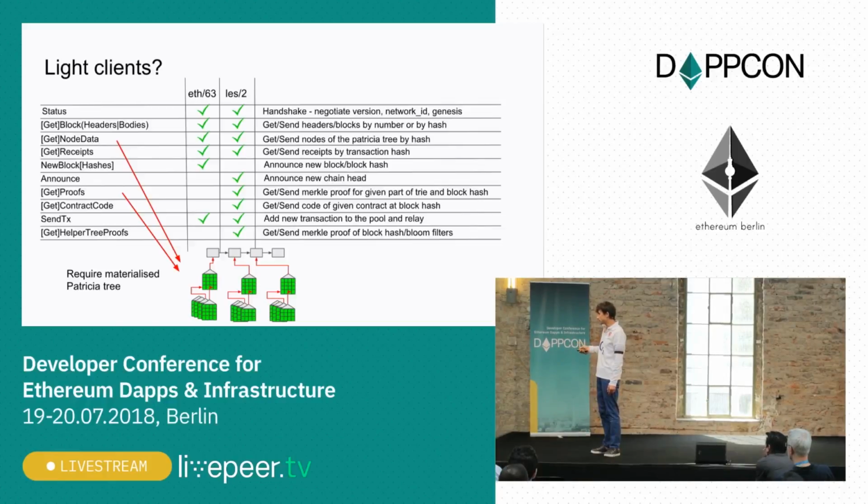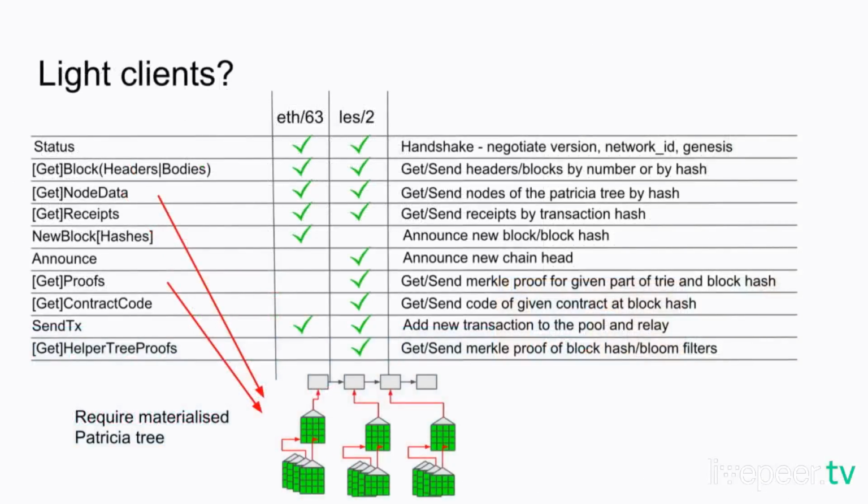GetProofs is a bit easier, because when the light client asks for the proof, it actually tells you the block number and which account it involves. So it's easy for me to find it. I will be able to support light clients much more easily than fast sync, because for the purpose of supporting that, I can keep a little bit of history of the Patricia tree, maybe 10 blocks in the past, and hopefully the light clients will not ask for too old data.